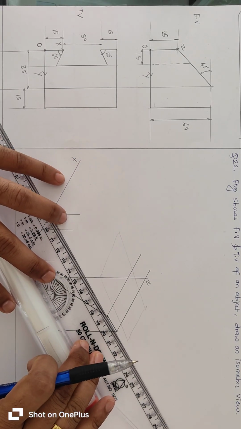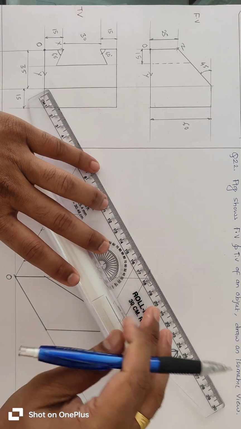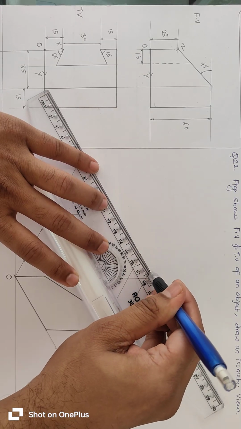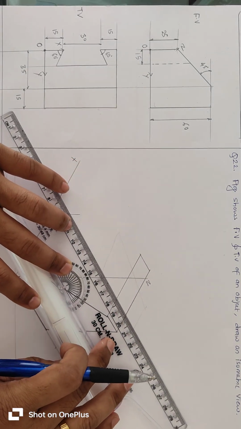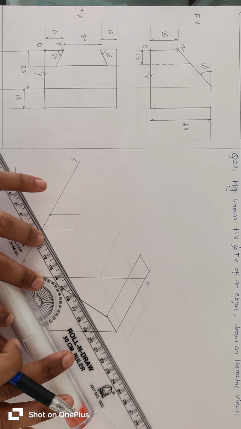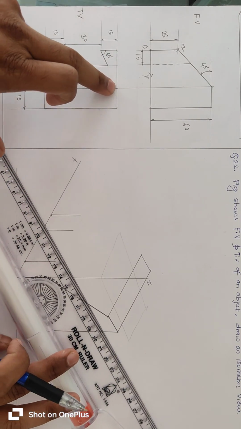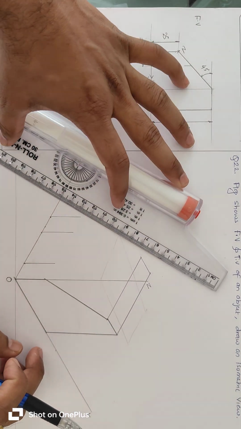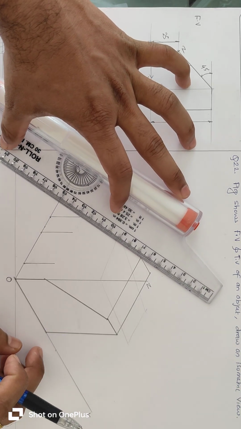Then draw line parallel to axis connecting these points. This is top rectangle, and now this point and this point is connected, so we will connect this point here.